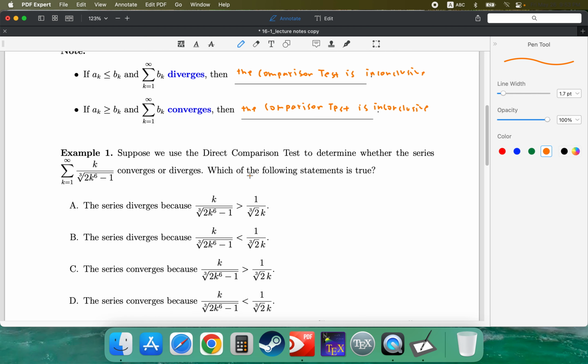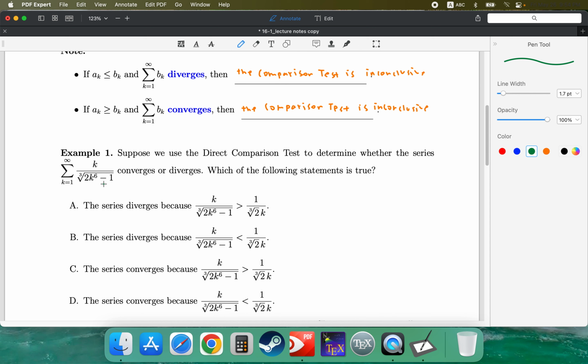Notice that when k goes to infinity, this minus 1 is almost nothing. So that means the term, when k goes to infinity, will behave like k over cubic root of 2k to the 6.